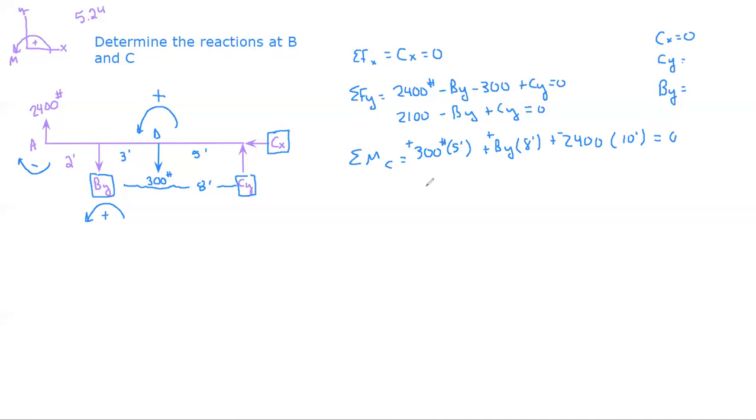Going through the arithmetic, 300 times 5 is 1,500 foot-pound force, plus By times 8 feet, plus negative 2,400 times 10, which is negative 24,000 foot-pound force. Combine those terms that are alike.